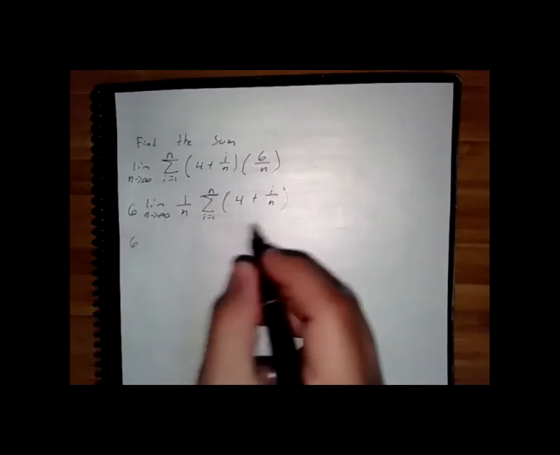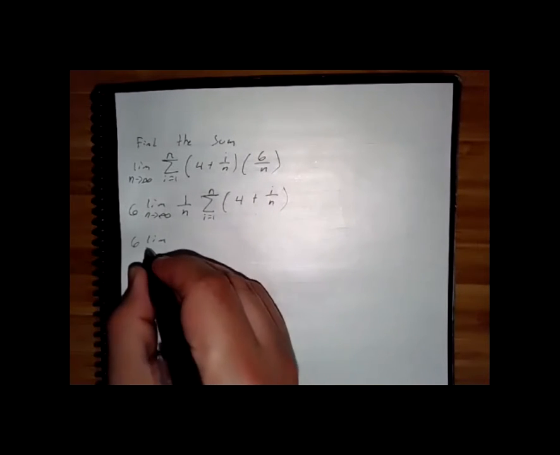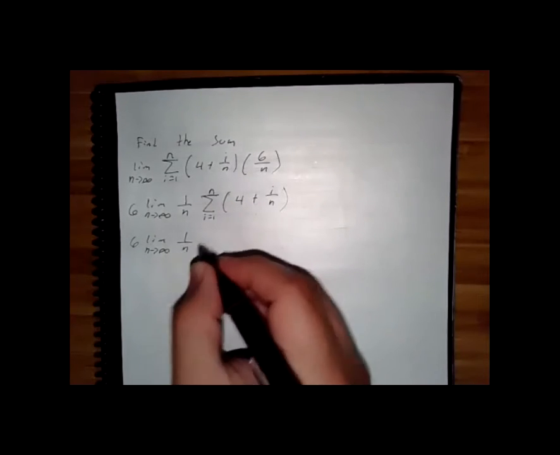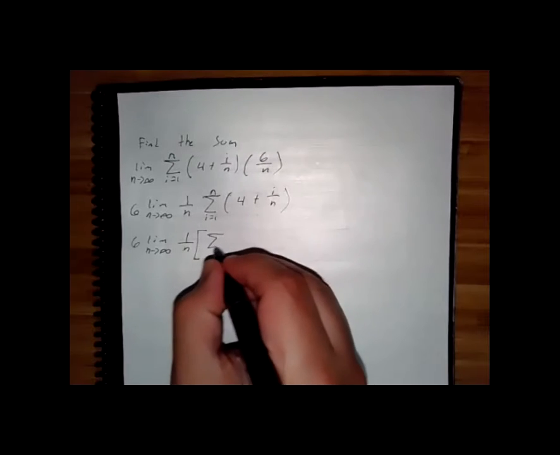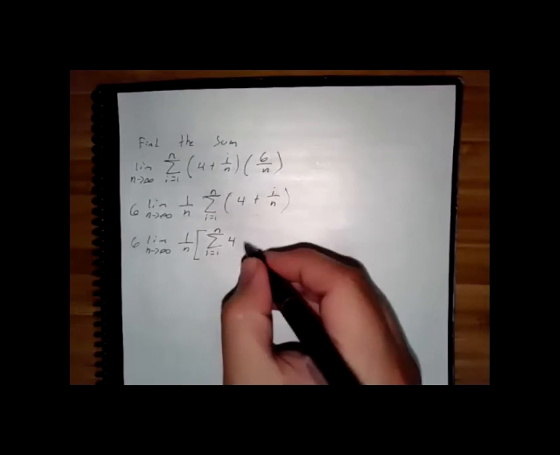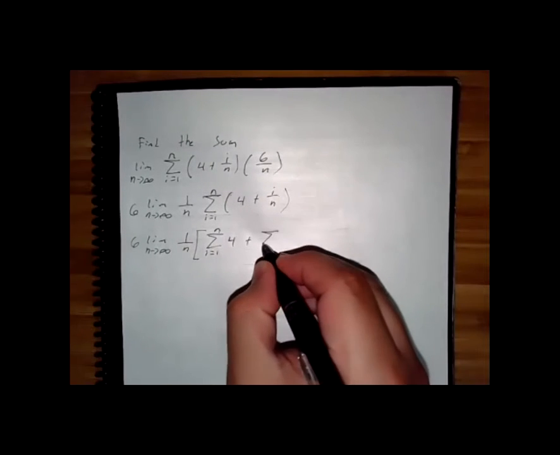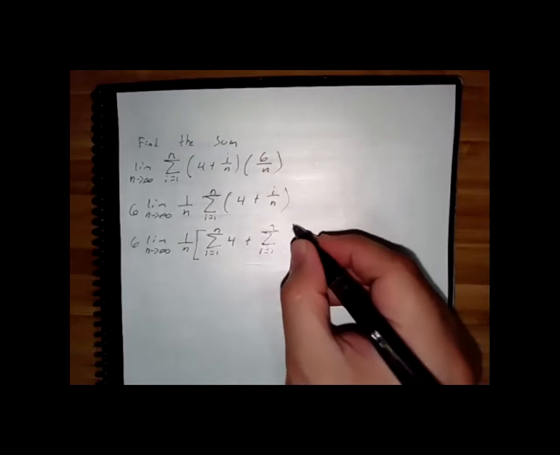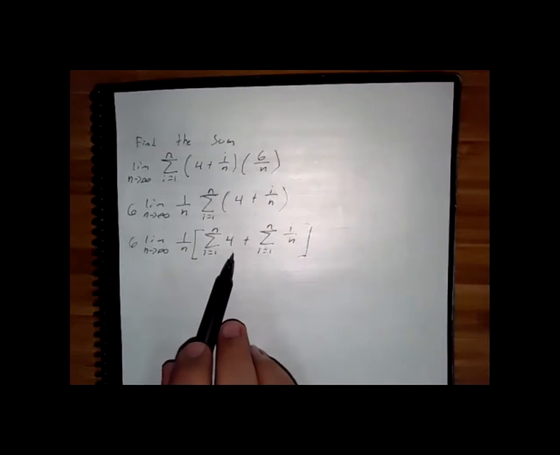So I'm going to separate this into two sums using the properties of summations. So I'm going to put parentheses, so the sum plus the sum of the second term. So the 4 is going to be an easy one, right?